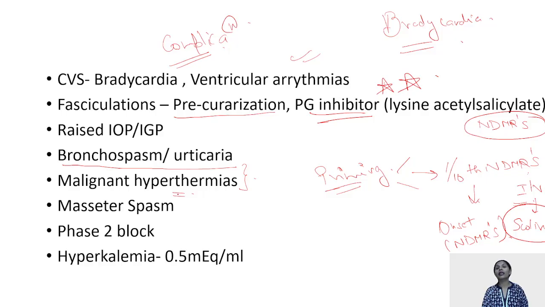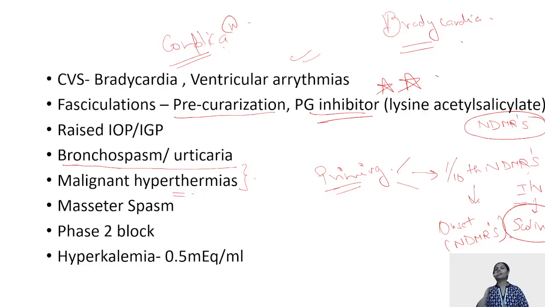Yes, it leads to malignant hyperthermias. I've discussed malignant hyperthermias in my previous classes. Scolin and your halogenated inhalational agents, if you'll remember, make the patient highly susceptible to malignant hyperthermias. A quick revision.